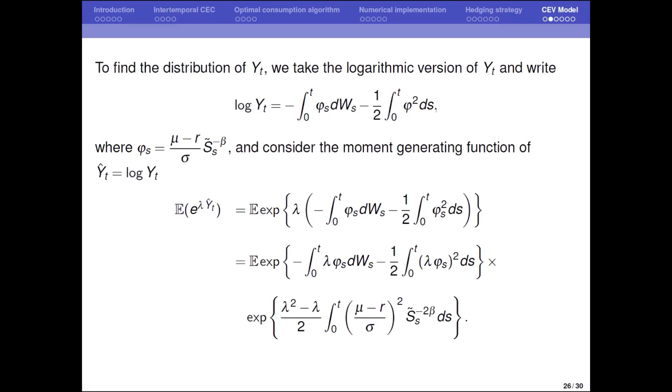So to find the distribution of that random variable Y, we take the logarithmic version, and well, we consider the moment generating function to find the distribution and make some computations. We realize that if we again have a Doléans-Dade exponential, we can define a measure here.